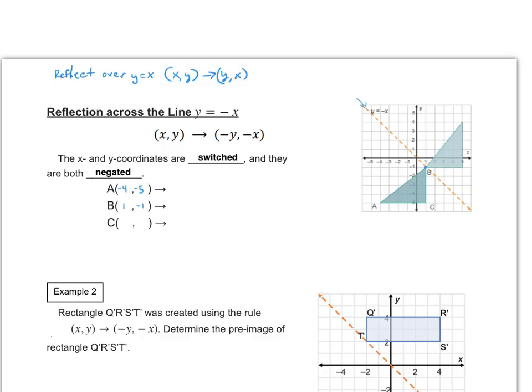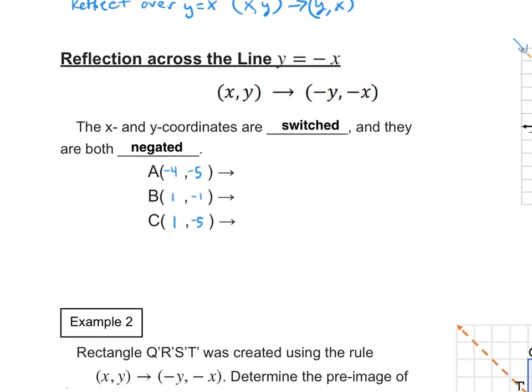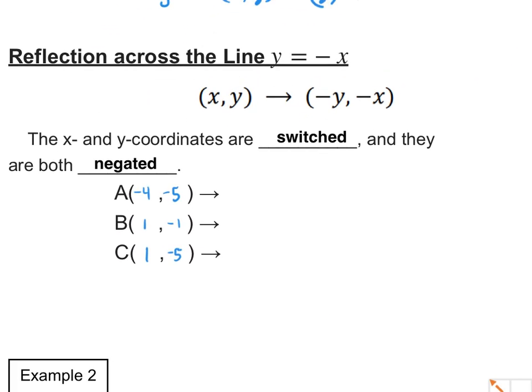C value is going to be (1, -5). Now, how do you use this? My mapping, again, is going to be (-y, -x). So A prime is going to be -5, -y, and then -4, because that is x. So A prime is equal to (5, 4).